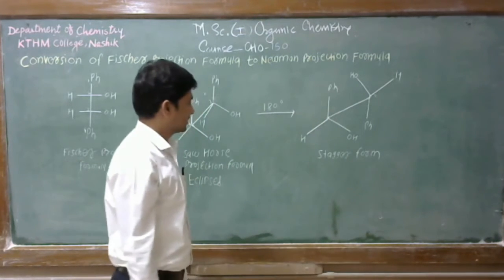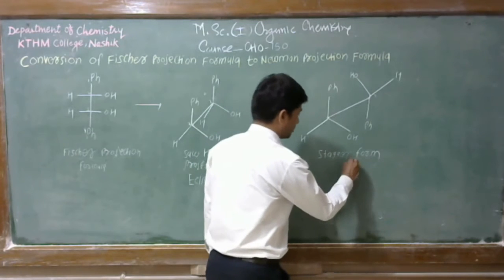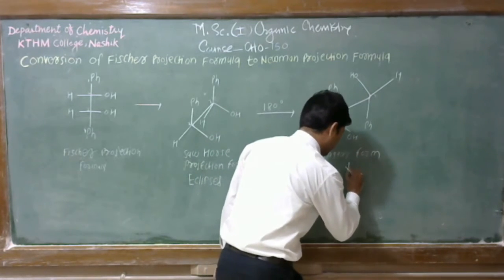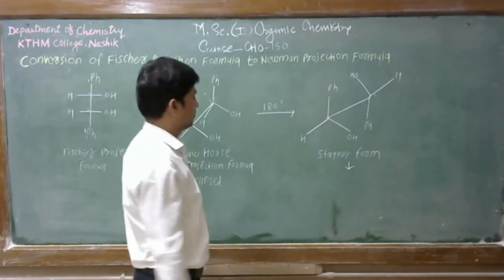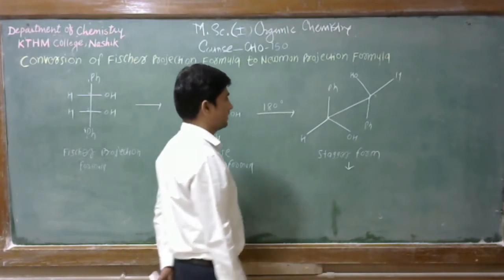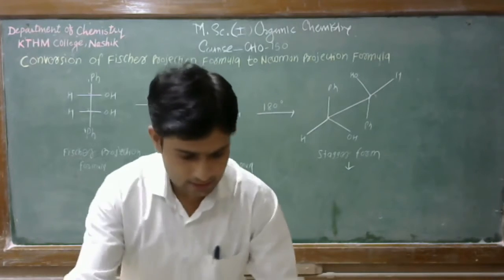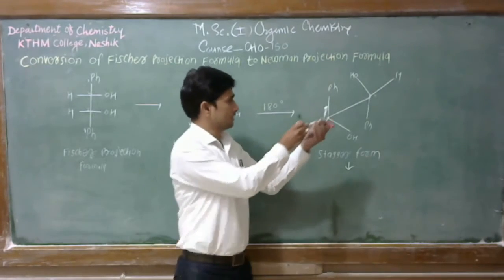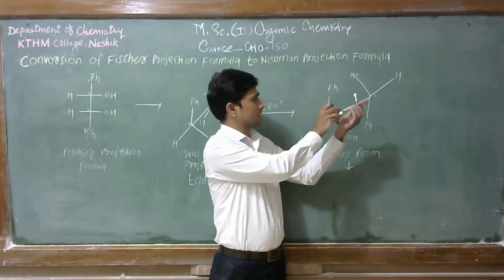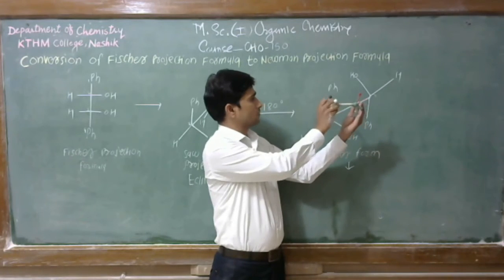Now this staggered form Sawhorse projection formula is to be converted into the Newman projection formula. So firstly we have considered the structure to be like this. See, this is the structure and this is the staggered Sawhorse projection formula.